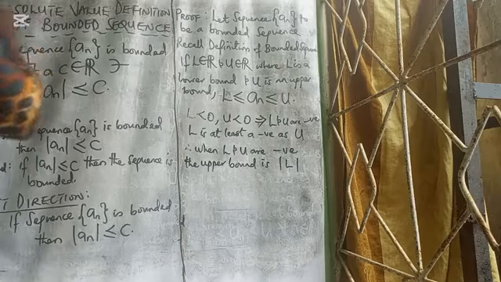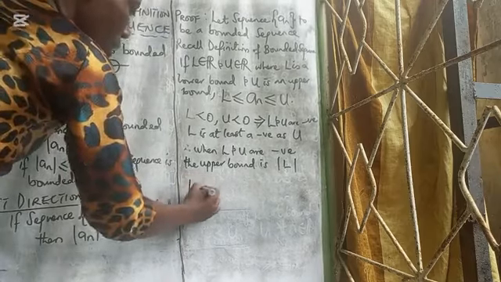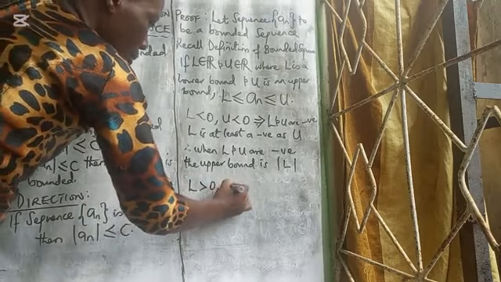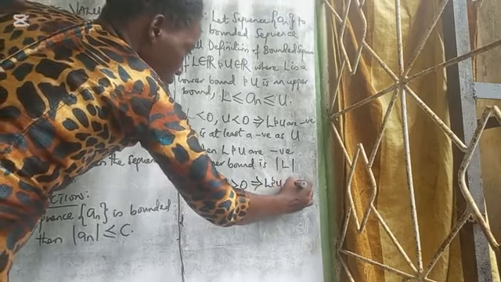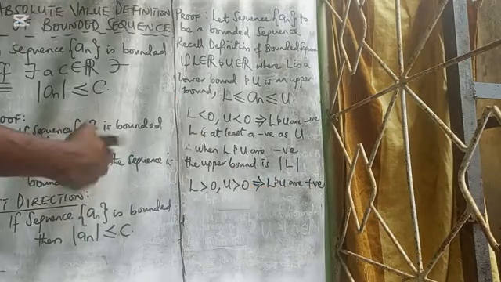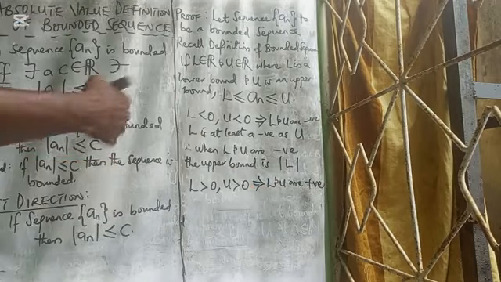On the other hand, if L is greater than 0 and U greater than 0, which implies that L and U are positive, an appropriate upper bound will be what?